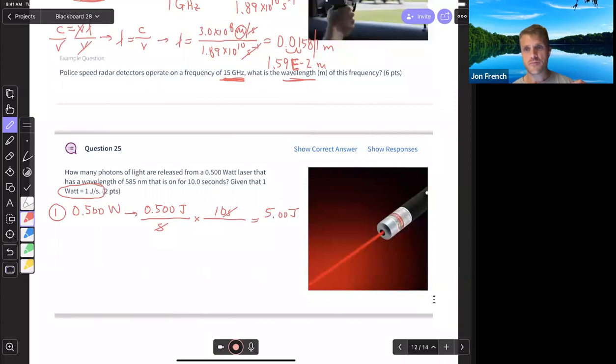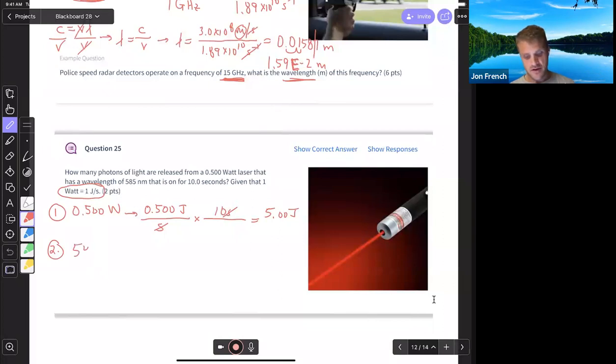So now I want to convert this wavelength of light, 585 nanometers, and find out how much energy is in 1 photon of that light. And then I can say, okay, how many photons would I need to make up 5 joules of energy? So that's our next step. And on the exam, you might see wavelength in meters, you might see it in nanometers. It just depends on the question. So I would expect both.